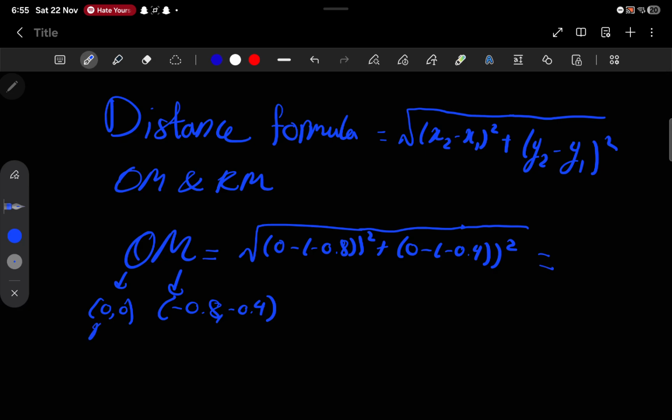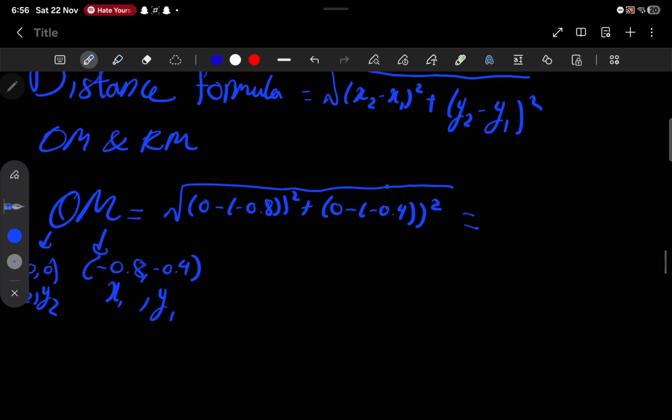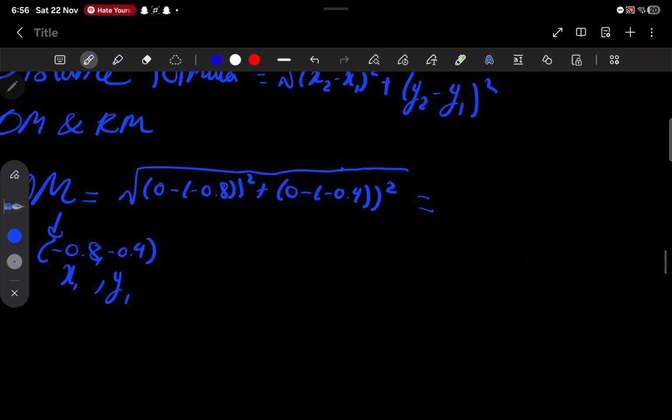I took this as x2, y2 and this as x1, y1, which is why I did it like this. You can take it the other way around, obviously, it's fine. But this makes more logical sense since negative 0.8 is before 0. So negative 0.8 squared plus negative 0.4 squared.